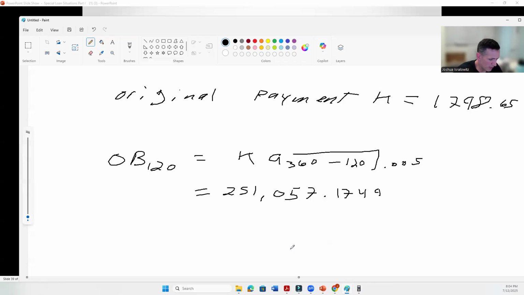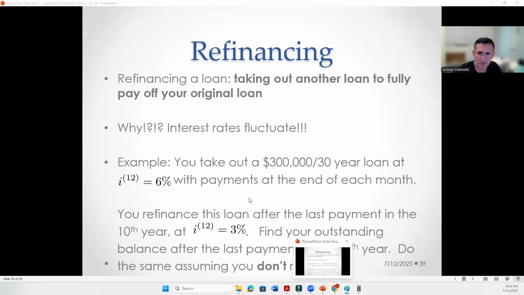Okay, right. So now what am I doing? I am literally taking out a new loan. And to be clear, I should have said this in the PowerPoint: I'm going to refinance this with a new 20-year loan so that in both situations I have 30 years of loan.